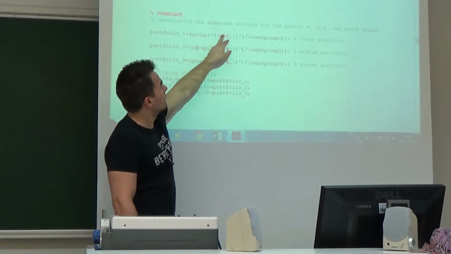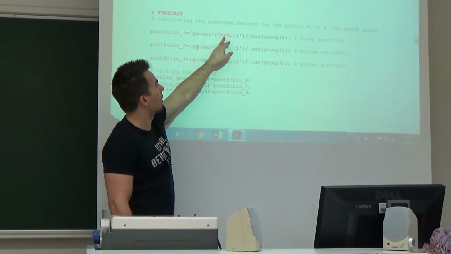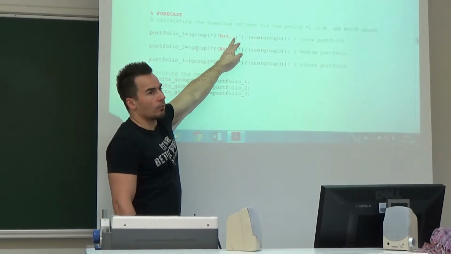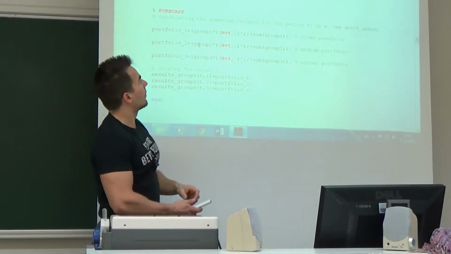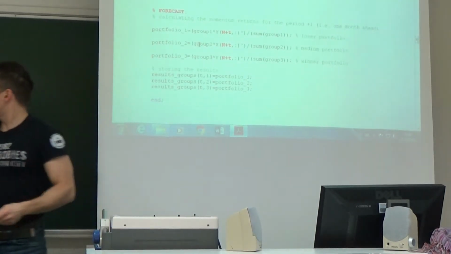And the row index here is capital N plus T. T is 1 and N is 12. And we have here this double point here, and the column index denotes us, okay, we access all of the columns. And moreover, here's a transposed sign. So what does that mean?